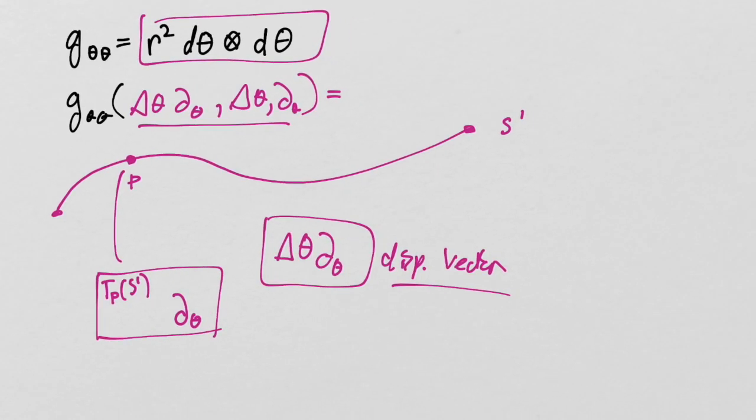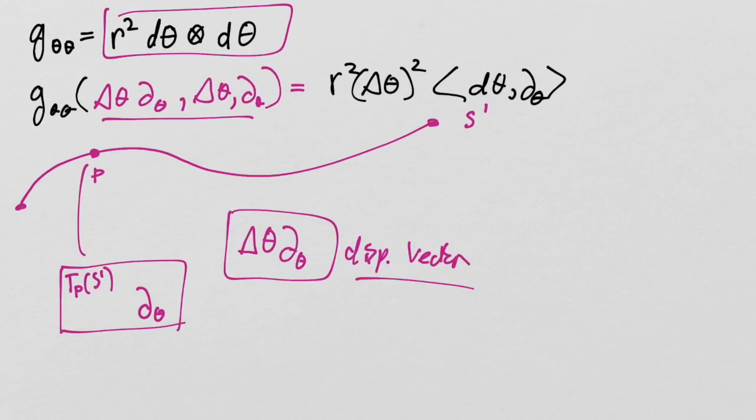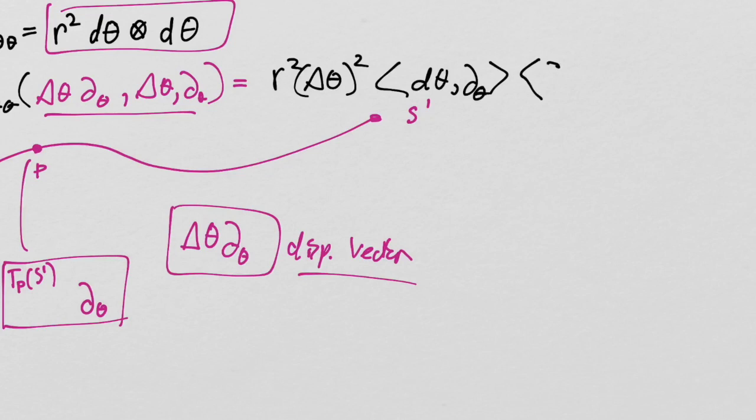And by our literal definition, going all the way back to the beginning of our work in this course, that is going to be r theta delta theta squared, and then the dual space mapping d theta on partial theta multiplied by another instance of d theta on partial theta.